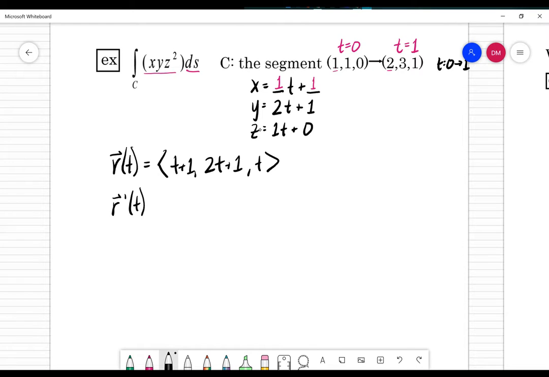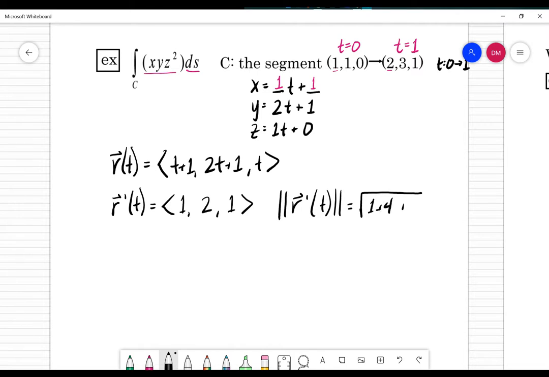We find our derivative, which looks like 1, 2, 1. Then we calculate the magnitude of r prime, giving us the speed, or ds. For that we get 1 plus 4 plus 1, so the square root of 6.